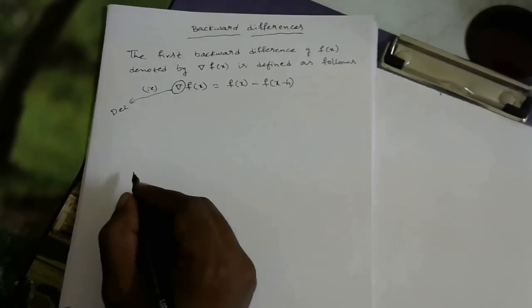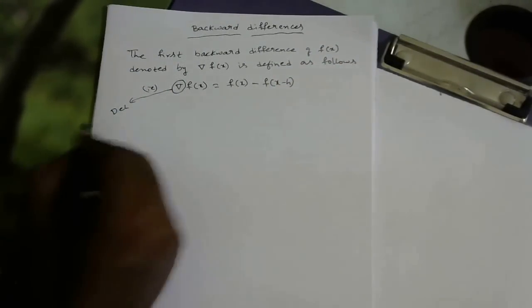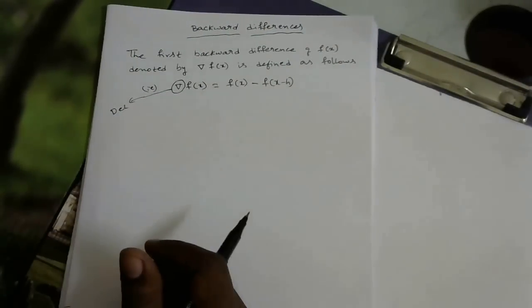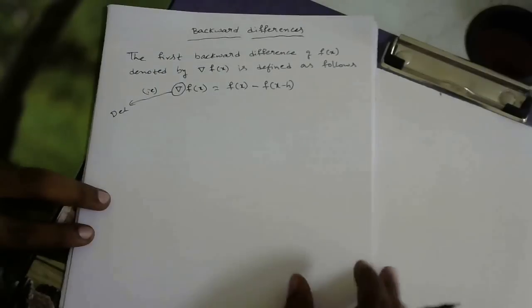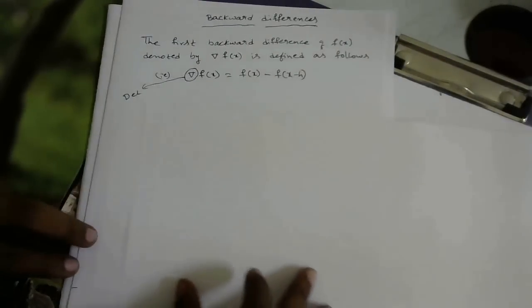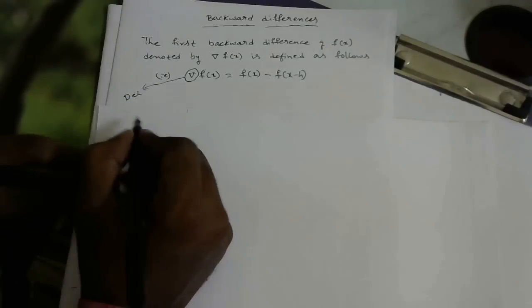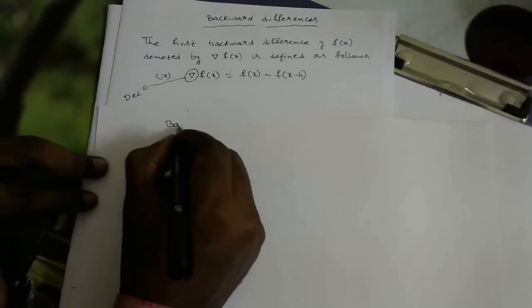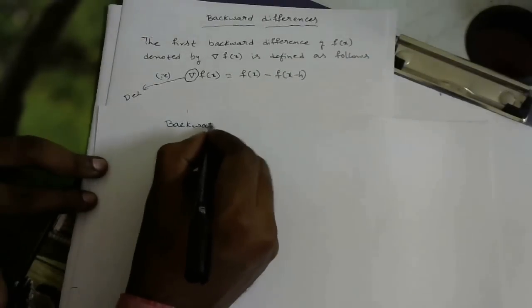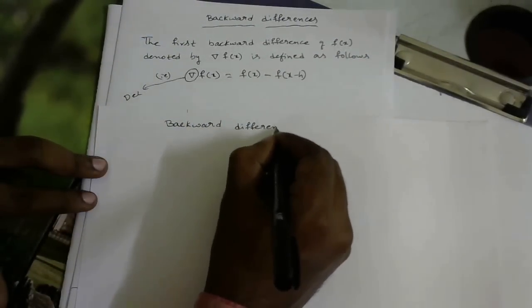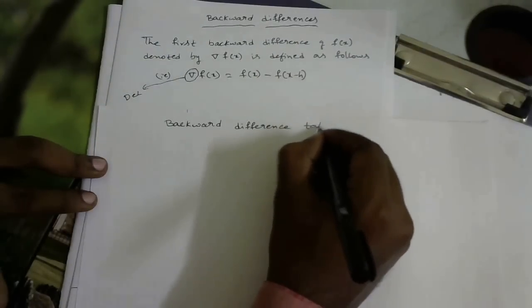Remember that one. So now I will take up to nth elements to construct the table. Because an nth-order table is very difficult to understand, I'll take an example for up to 5 elements. So here the backward difference table.